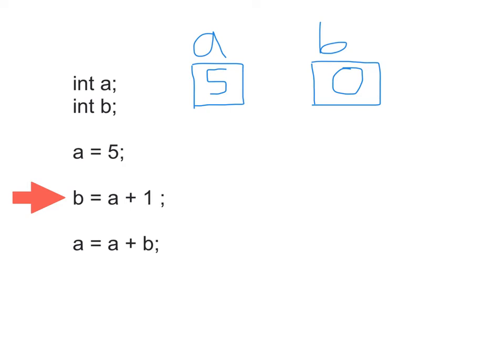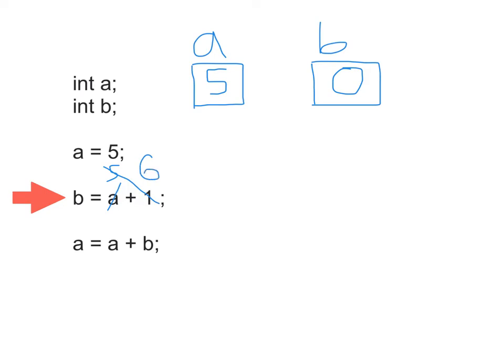So what we're going to do then is first replace a with its value. And now we see what our expression really says is 5 plus 1. And 5 plus 1 evaluates to 6.